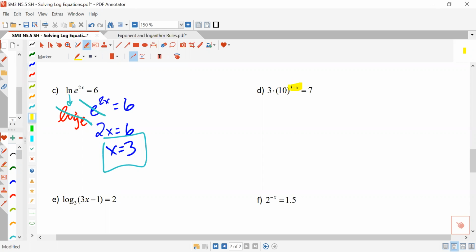Exponent is higher and more powerful, and so you can't do a regular math operation like multiplication into something with an exponent. So it's 3 times that value with an exponent. What I need to do is get rid of the 3. If I can't multiply it, what do I have to do instead? I can't really multiply the 3, so how do I get rid of it? Divide it. Opposite.